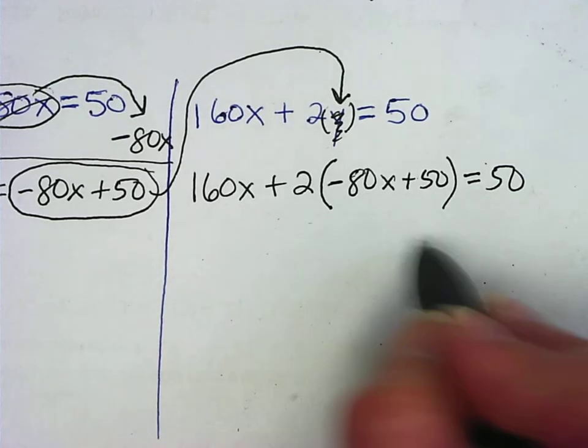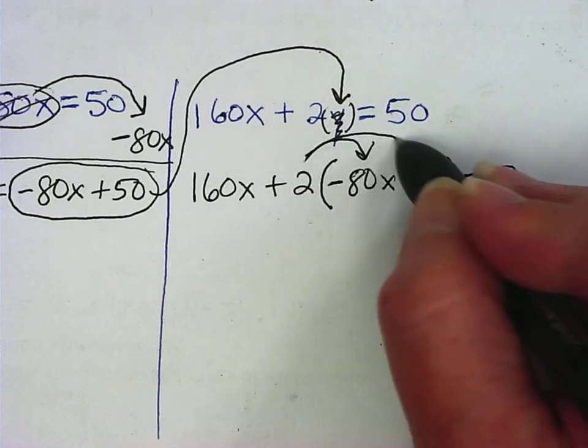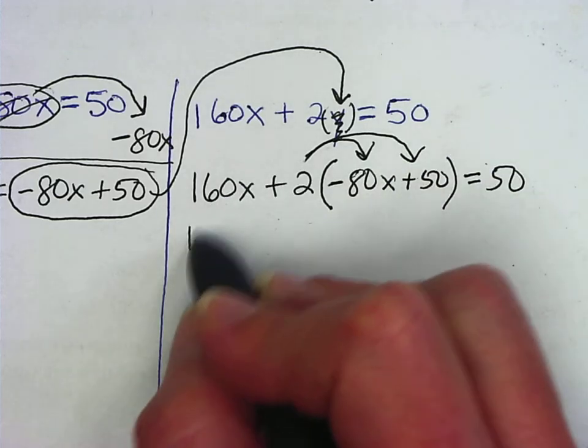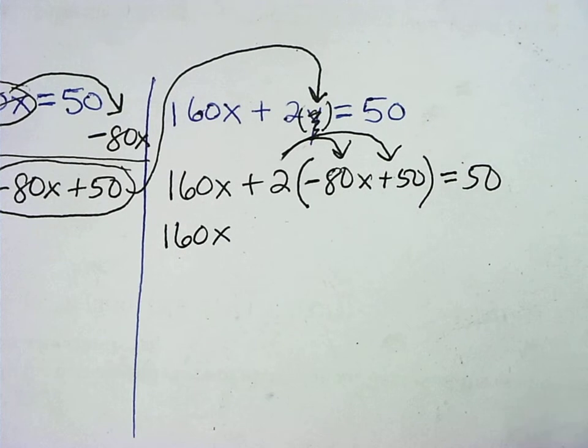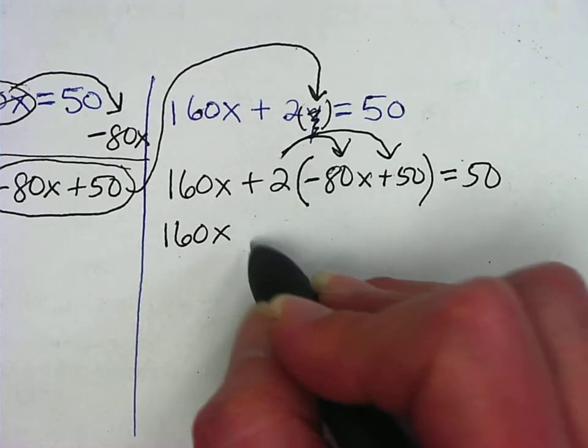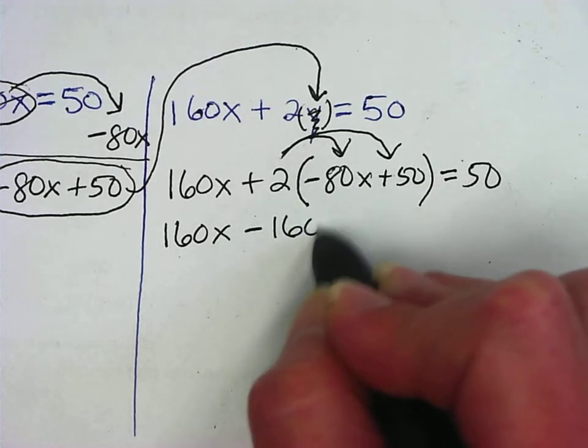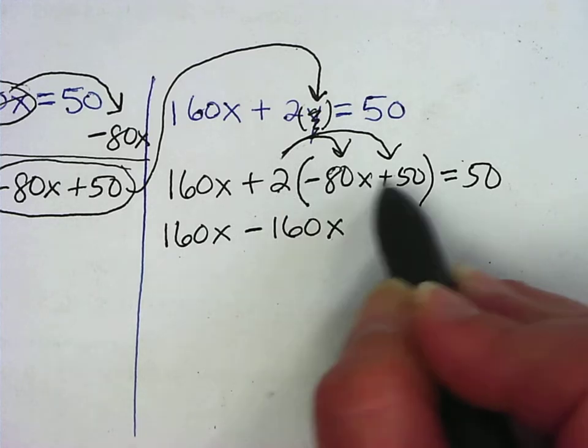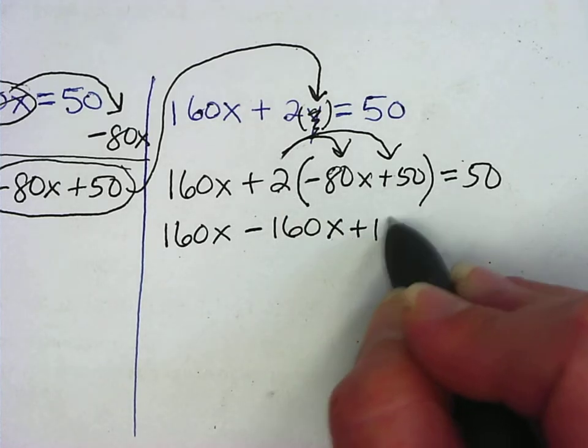Okay, so let's use distributive property and multiply 2 times both of these. We're going to bring the 160x down because we don't need that quite yet. So 2 times negative 80x would be negative 160x. 2 times 50 would be a positive 100.